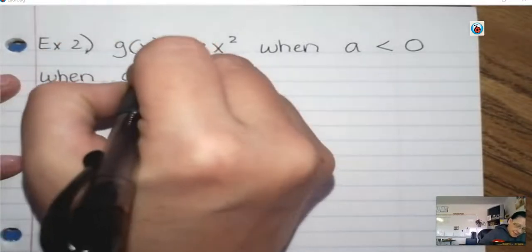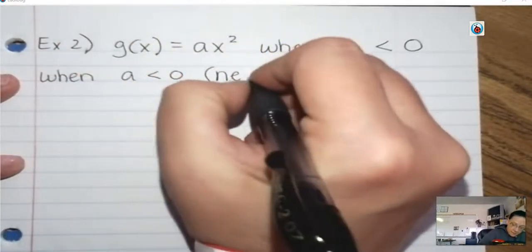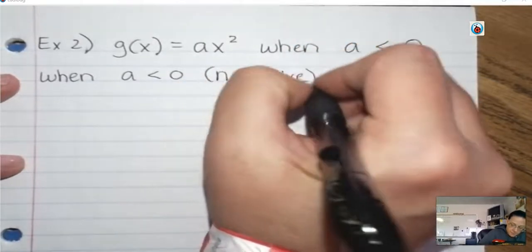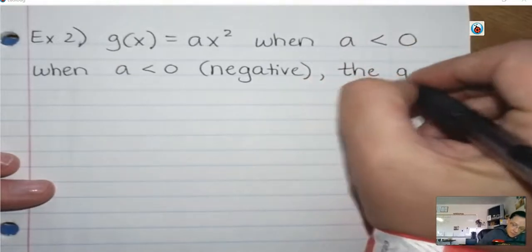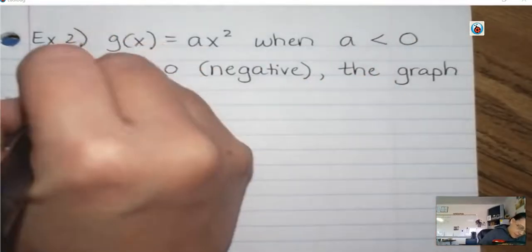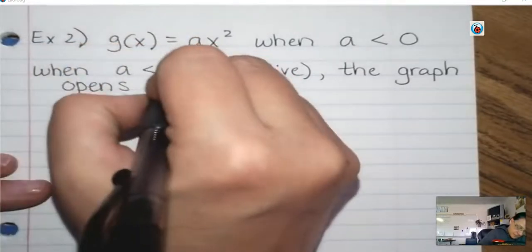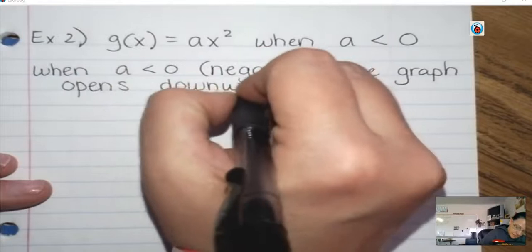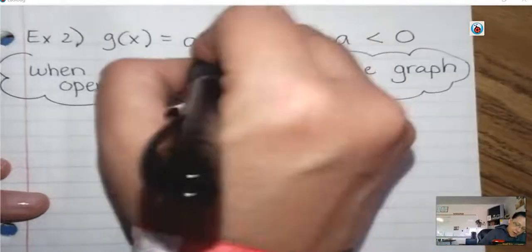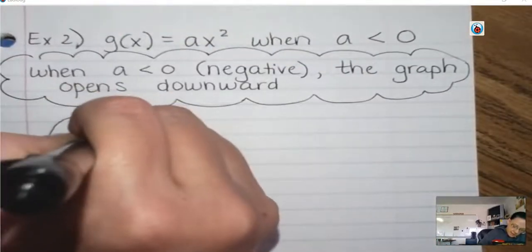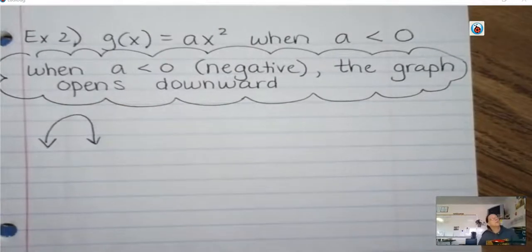When a is negative, the graph opens downward. So it's going to look like this. And again, there's 2 different things. There's a vertical stretch and a vertical compression.